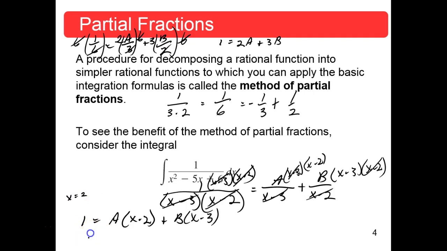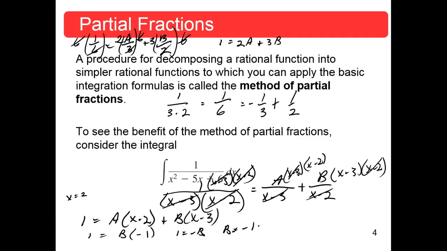what do we have? 1 is equal to, this goes away, doesn't it? And you get b times, when x is equal to 2, 2 minus 3 would be negative 1. So 1 is equal to negative b, so b is equal to negative 1.